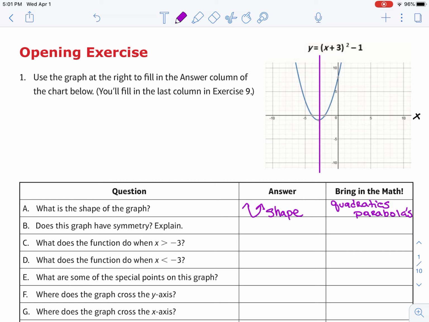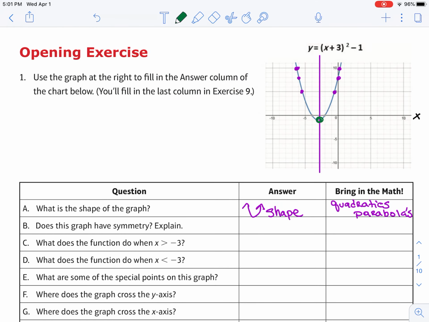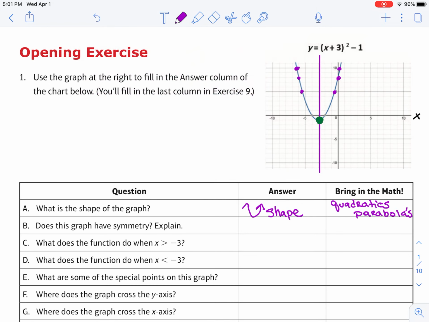So right across that line, this dot mirrors with that dot, this dot mirrors with that dot, this dot mirrors with that dot, and so on and so forth. The only point that does not really mirror is this one that lies on that line. So the answer is yes, it has symmetry.